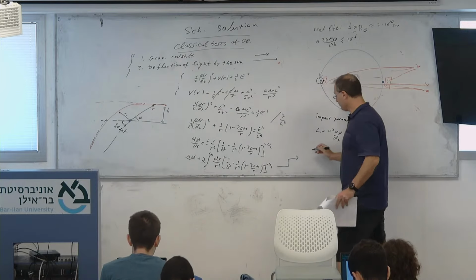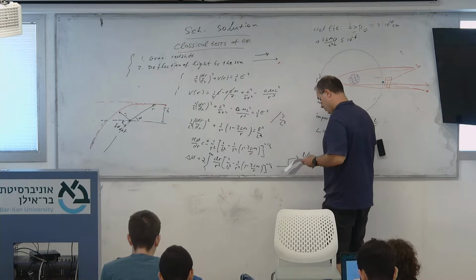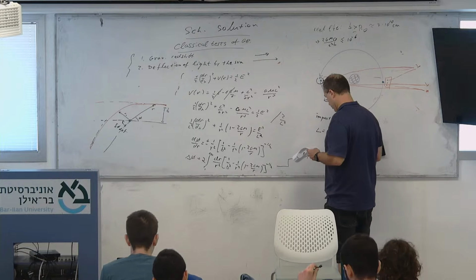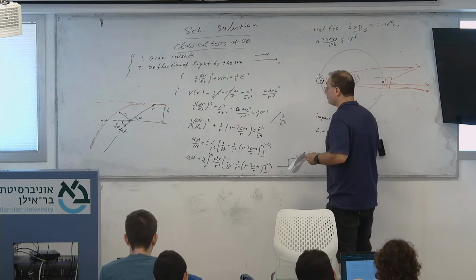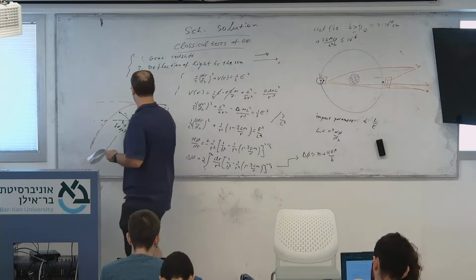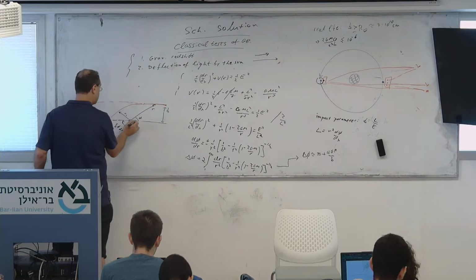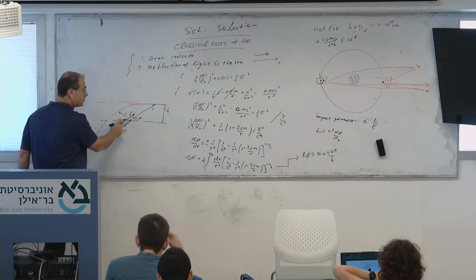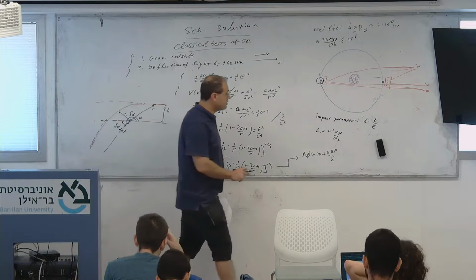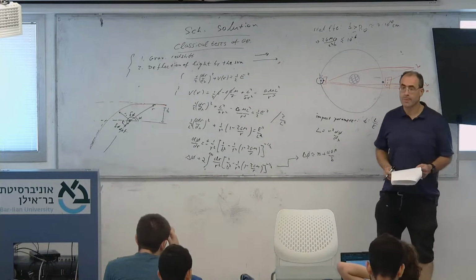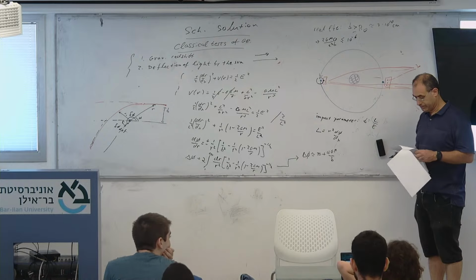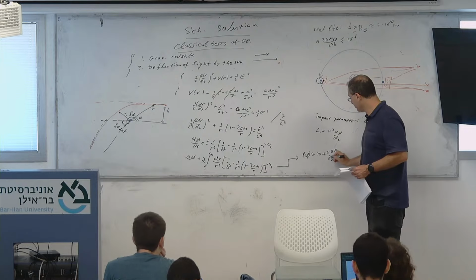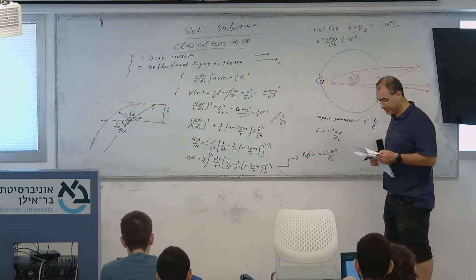The solution is delta phi is approximately pi plus 4GM over b. Just to make sure, delta phi, the definition is that. So the pi is what you get without gravity, and the real deflection that you get is 4GM over b, with c squared here of course if you want to put the real units.